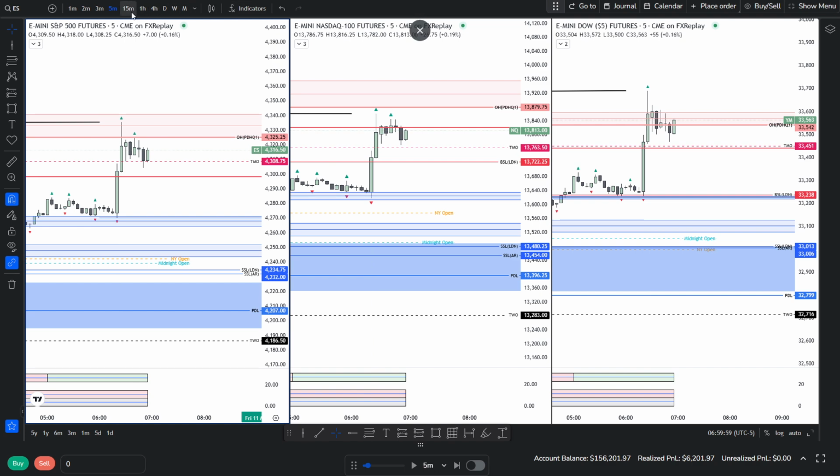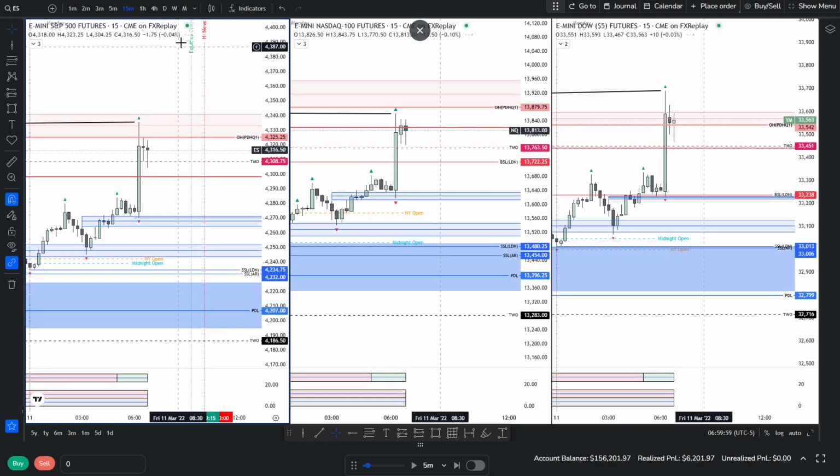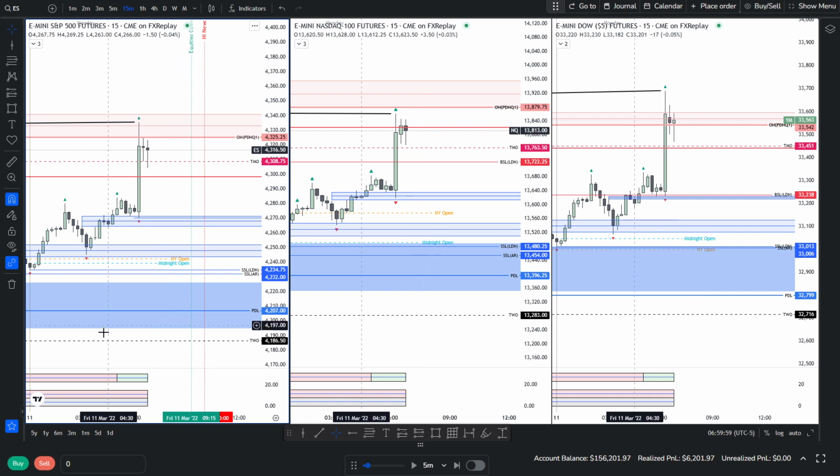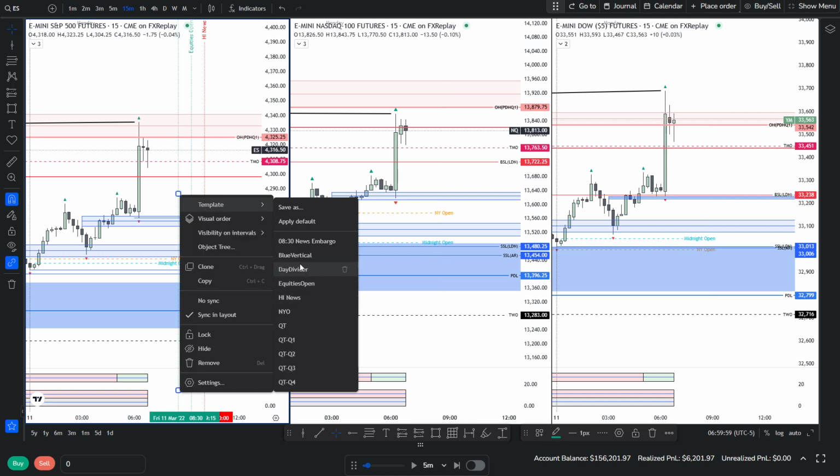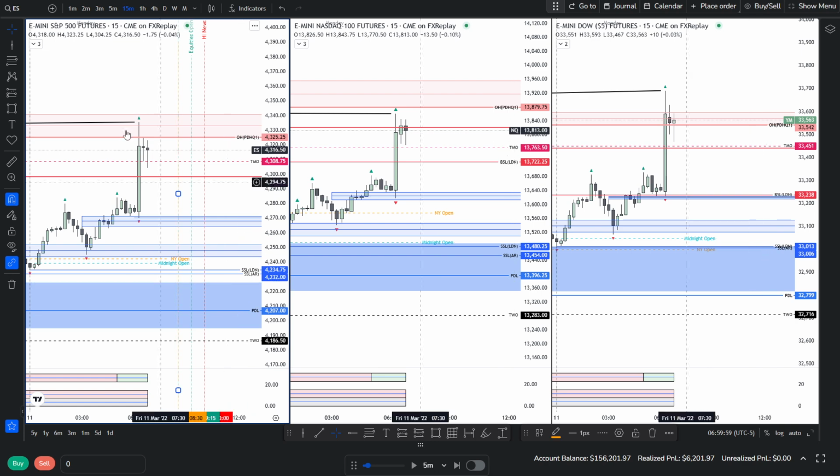Yeah, huge candle. Okay, let's see. Actually, I just want to mark up the 8:30 news embargo.